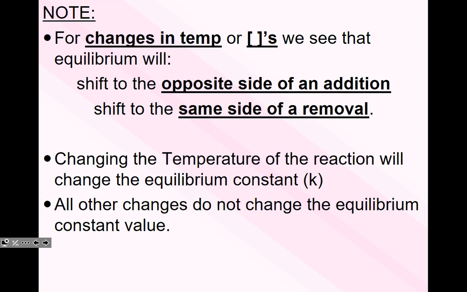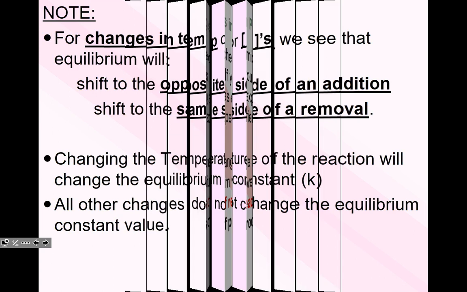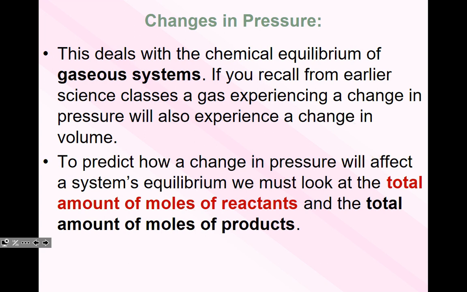The only thing that will change your equilibrium constant is changing the temperature. All other changes do not change the equilibrium constant value, only changing the temperature. So let's talk about changes in pressure. Changes in pressure have to do with gaseous entities only.